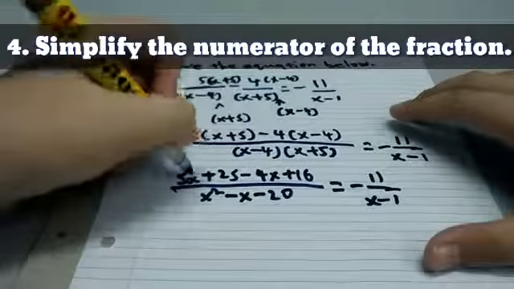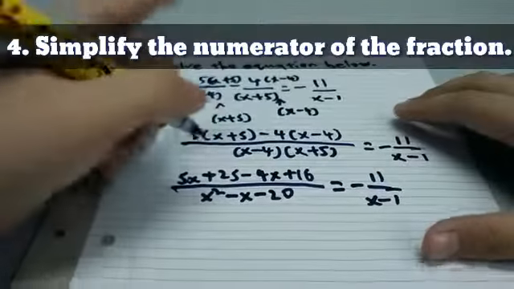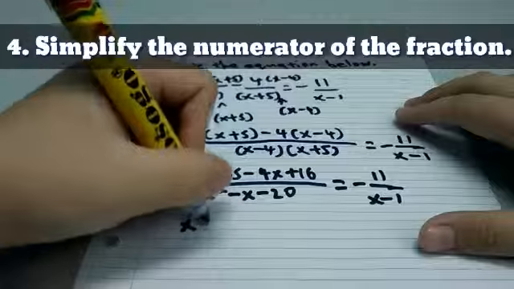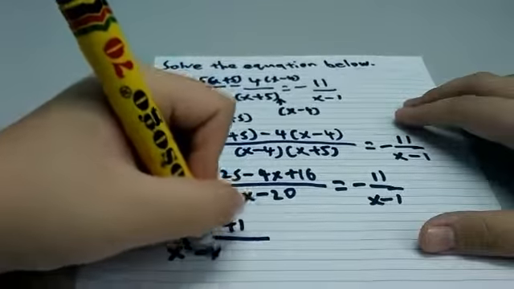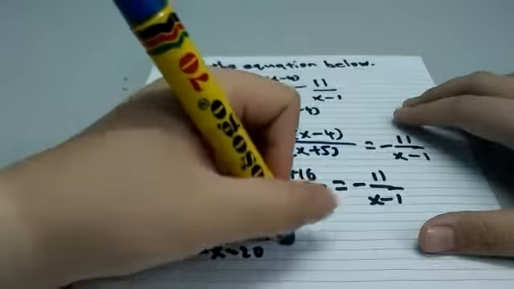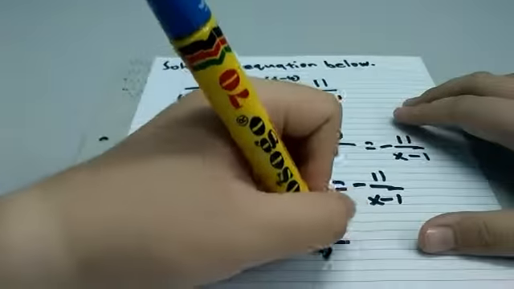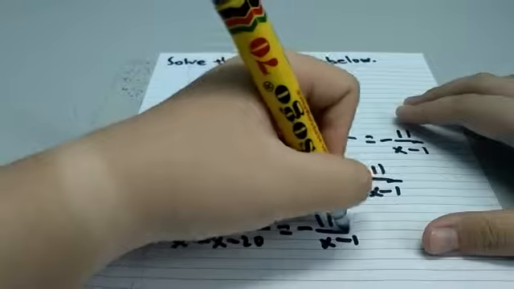And then we simplify the numerator of the fraction, so we will get x plus 41 over x squared minus x minus 20, which is equal to negative 11 over x minus 1.